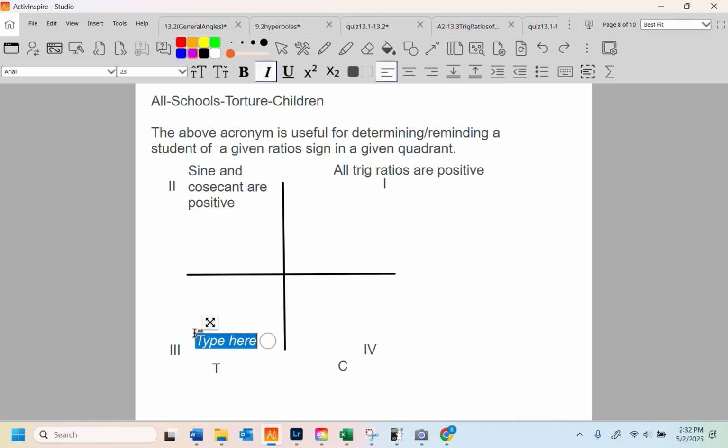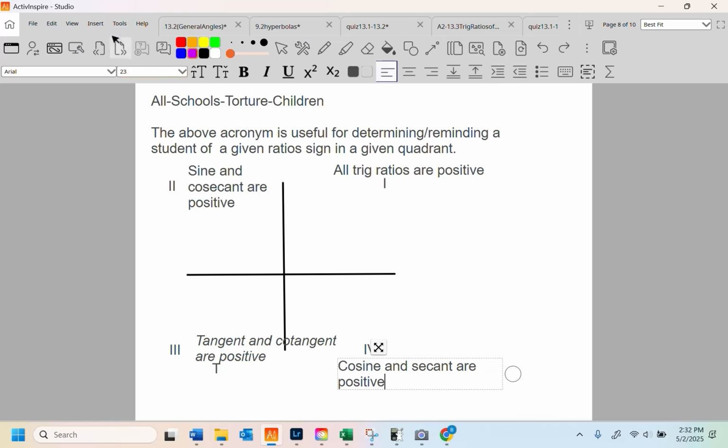In quadrant 3, tangent and cotangent, its reciprocal, are, guess what, positive. And lastly, in quadrant 4, there's a C, and a lot of kids want that to be cotangent or cosecant, but it's cosine. Cosine and its reciprocal secant are positive. So it lets you know a ratio's sign. That's what it lets you know.